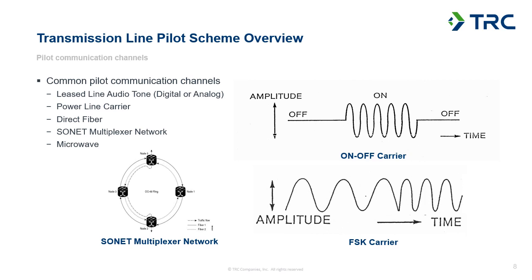That allows you to either provide a direct fiber connection between the two stations, or you can utilize some of those fibers in a SONET multiplexer network that allows you to provide communications between multiple nodes within a larger communication network, again with a focus on high reliability and high speed.